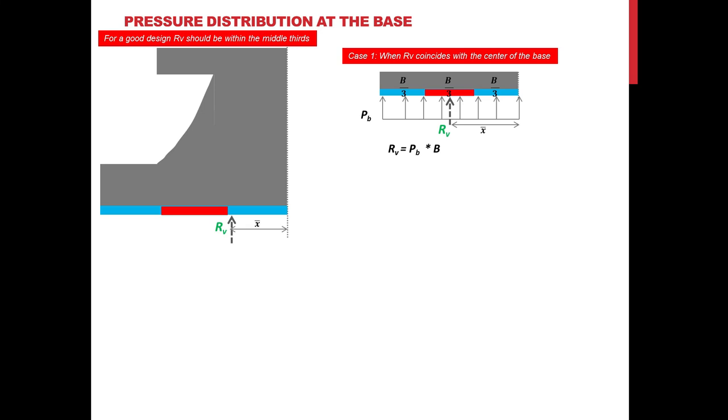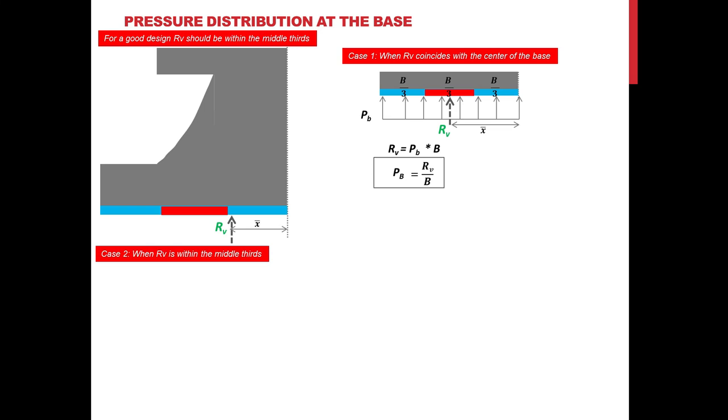So basically, RV emanated from the formula that force is equal to pressure times the area. So solving for the pressure, this is equal to RV all over B. So this is the base pressure for case 1, where RV coincides with the center of the base.